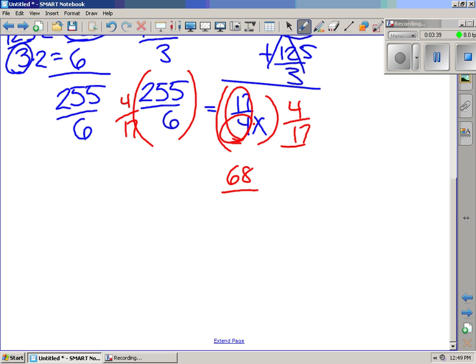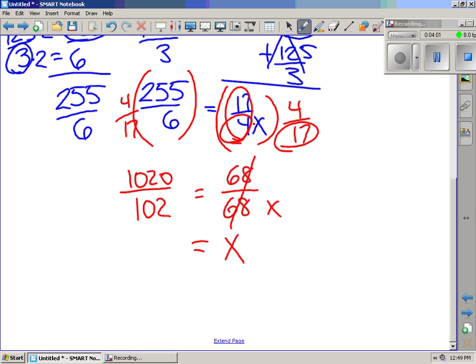And 4 times 17 gives us 68. So we're left with 68 over 68x. And then on the other side, 4 times 255 gives us 1020. And 17 times 6 gives us 102. On the right side, 68 divided by 68 equals 1, so we're left with 1x.